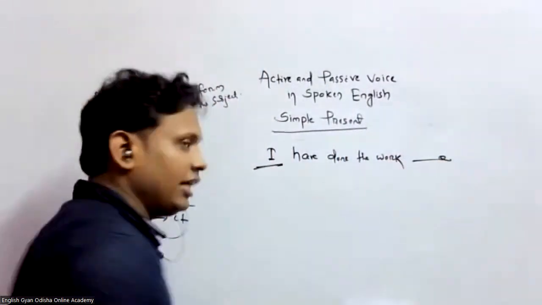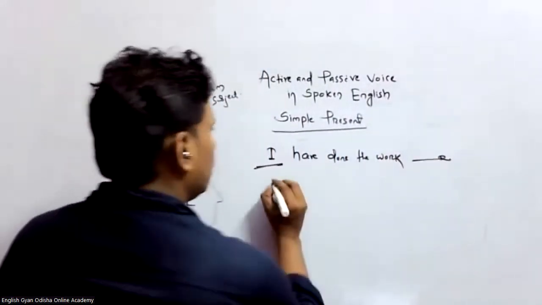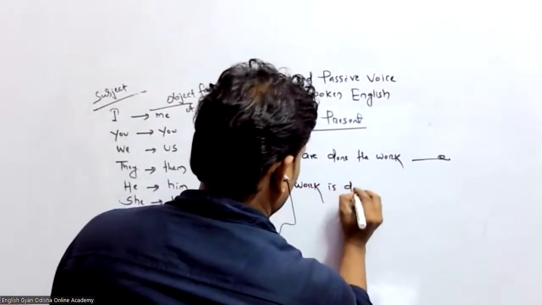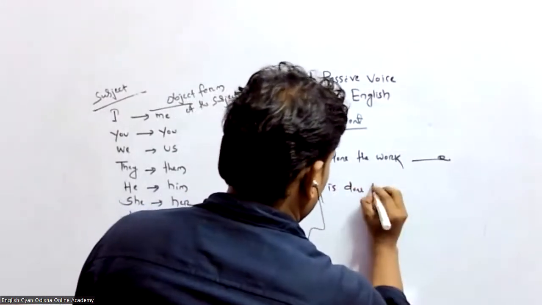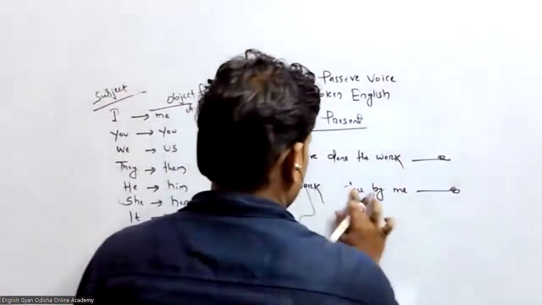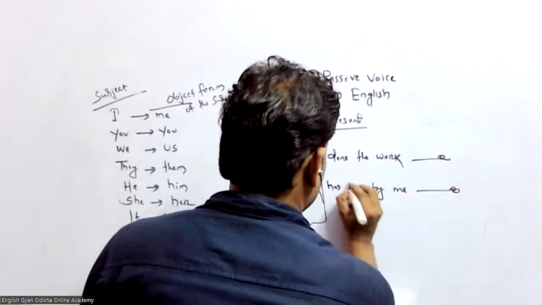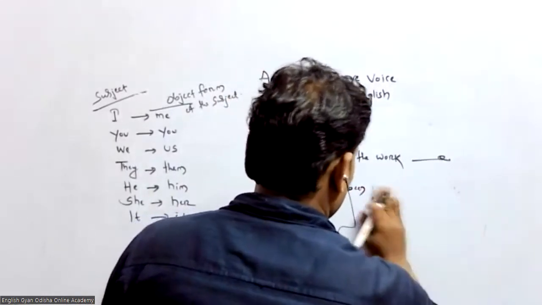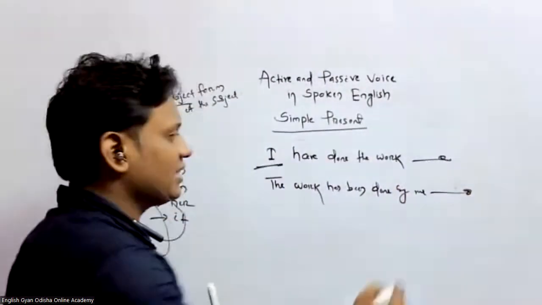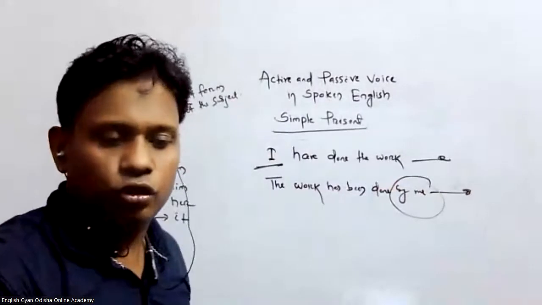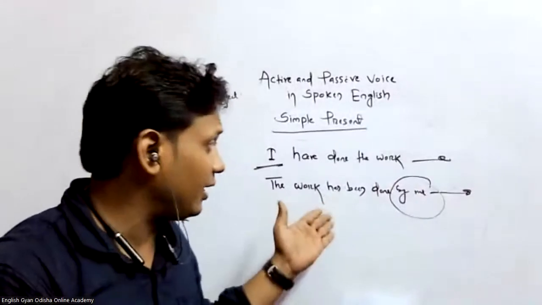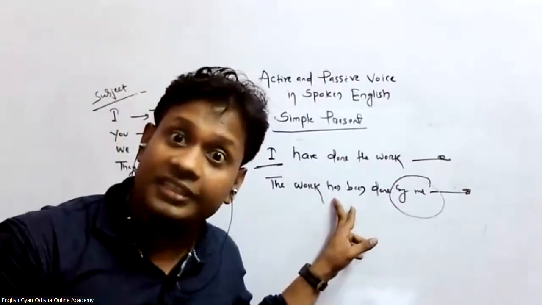Here I have identified myself. The work has been done by me. In both sentences I have been identified, so what is the purpose of these things? The purpose is not served. So this is for written communication, again from the exam point of view.